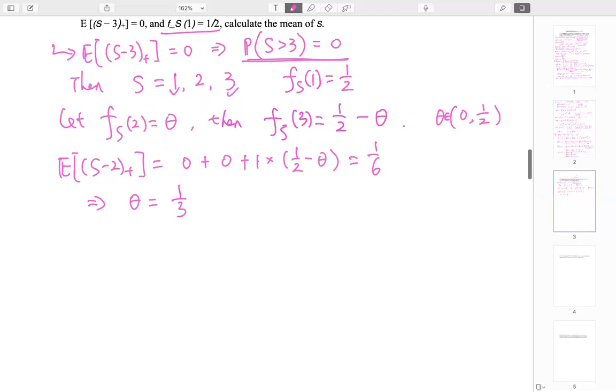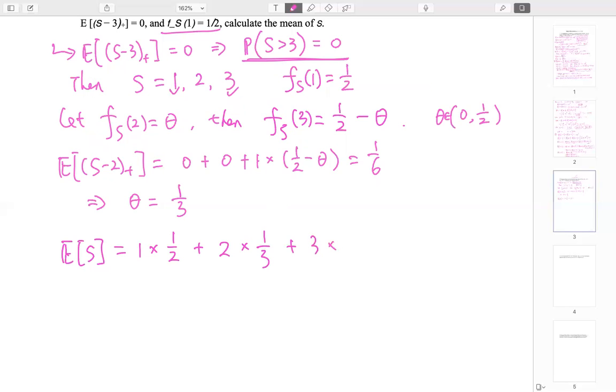So now we have all the distribution. We wanted to know the expectation of S, then it would be 1 times 1 over 2 plus 2 times 1 over 3 plus 3 times 1 over 6.